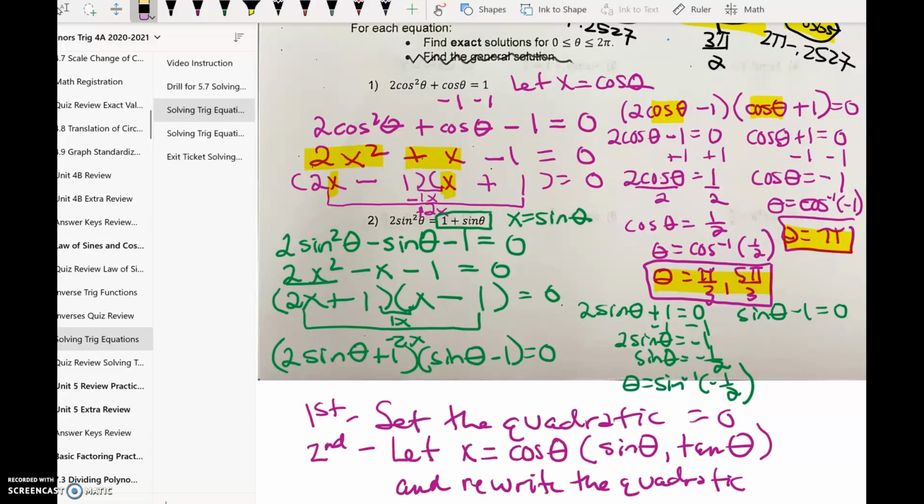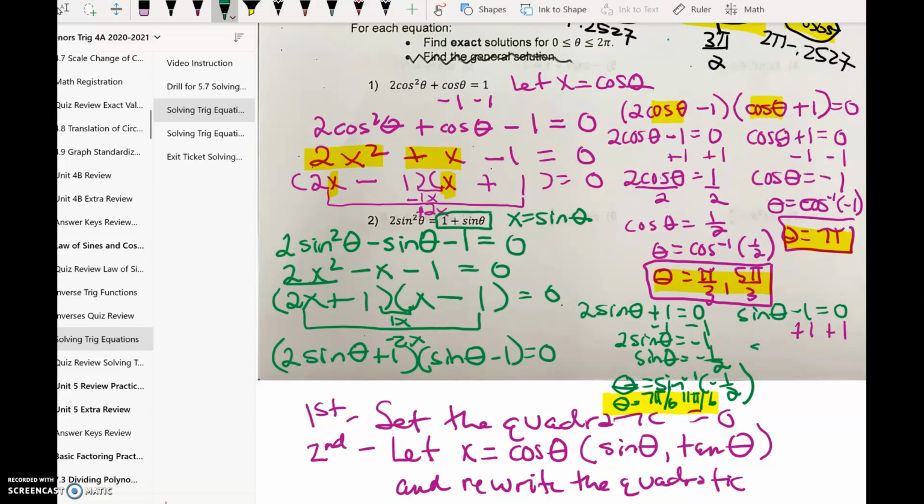So I get that theta, whoops, had my eraser on. Let's put that back in. Theta equals 7 pi over 6 and 11 pi over 6. I know this is getting really tight here. Those two answers. And then my very last one, add 1 to each side.